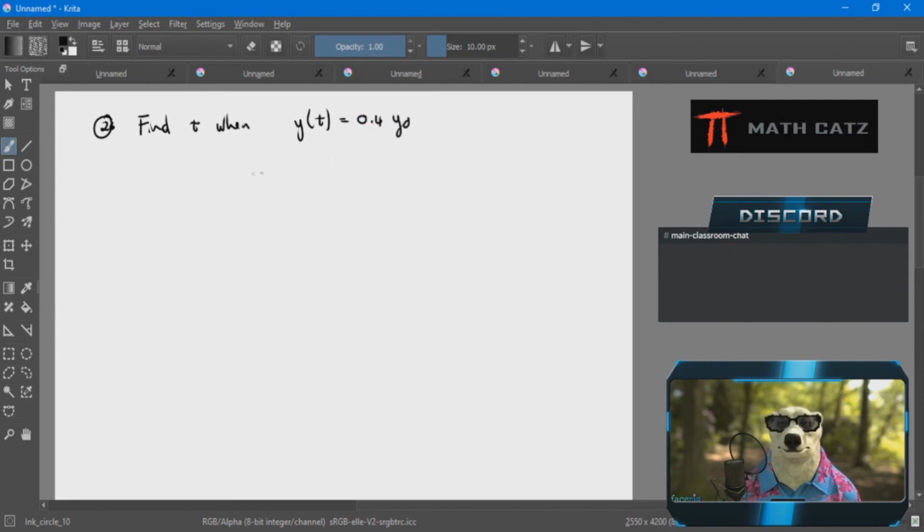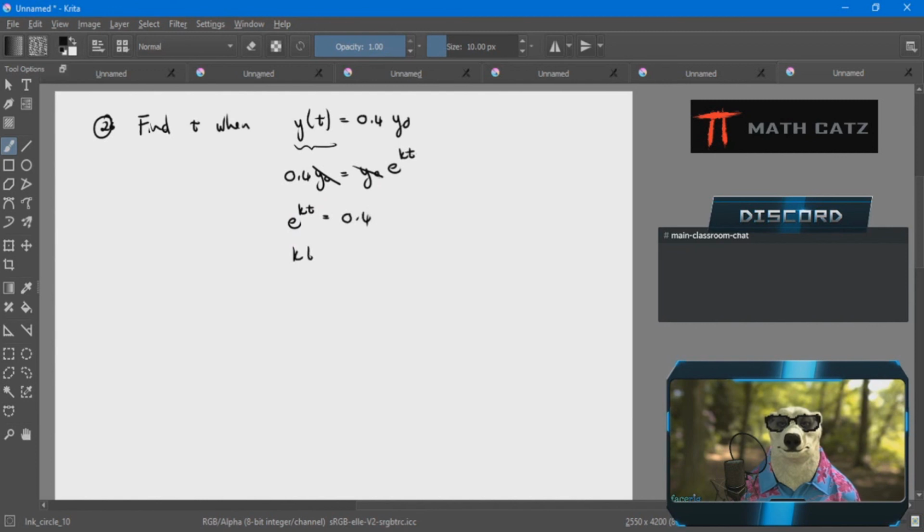And I don't need to know how much it was, because this function is going to have some initial amount, e to the kt, and I know k. And again, I see the y0s cancel. I don't need to know how much exactly there was. It's all relative. So I have 0.4.